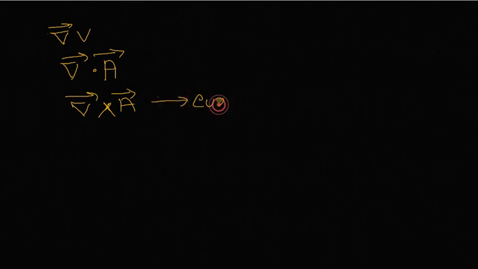If this operator del acts on a vector function, then we call this the divergence. And if this operator acts on a vector function but takes the cross product, then we call it the curl.